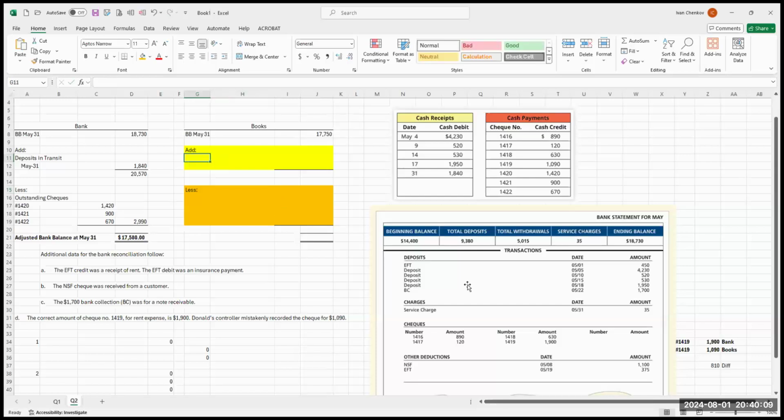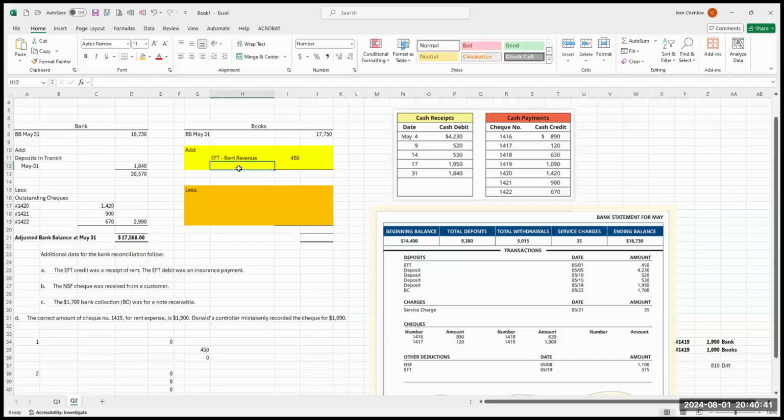Then I have to add something and I have to deduct. What am I going to add? First, we're going to check whether anything came into our bank account as a deposit which hasn't been recorded yet in our books. And yes, we can see on May 1st we have an electronic fund transfer, a credit, which was the rent. So we can add EFT, that's for the rent revenue of $450.